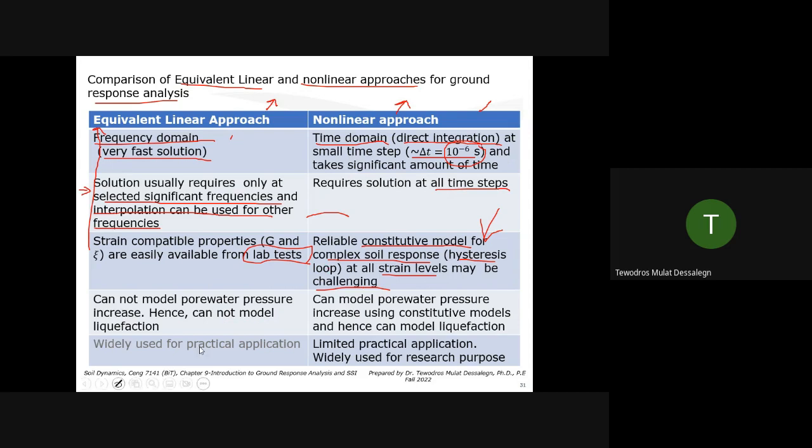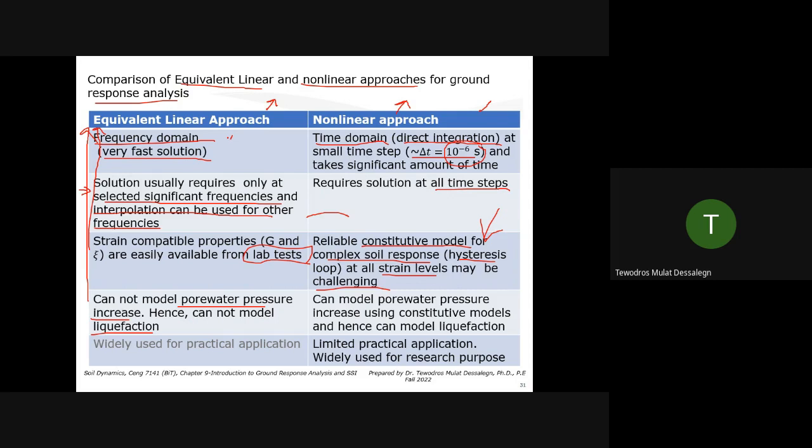The equivalent linear approach cannot model pore water pressure increase, hence cannot model liquefaction. For this case, what we have been doing, even myself, is we do equivalent linear analysis for the stress part. We use it for design. Then for liquefaction, we use the factor of safety evaluation we studied yesterday. We implement that in Excel and MathCAD, and from the field tests, we try to get those factors of safety and check if the soil is going to liquefy or not.